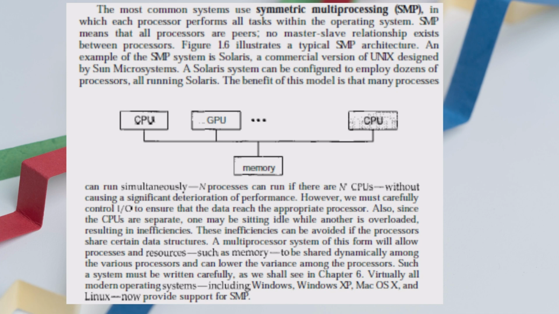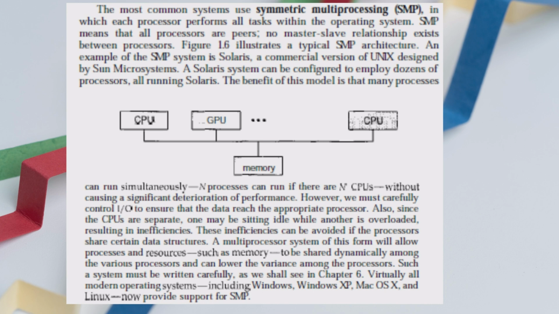A Solaris system can be configured to employ dozens of processors, all running Solaris. The benefit of this model is that many processes can run simultaneously. N processes can run if there are n CPUs without causing significant deterioration of performance. However, we must carefully control input-output to ensure that the data reach the appropriate processor.